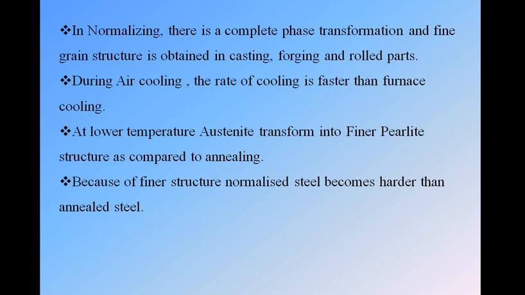So there is a complete phase transformation. As we heat any steel above 727 degrees Celsius, there will be a transformation from pearlite to austenite, and when we cool it back, there is again a transformation from austenite to pearlite. So there is a complete phase transformation.